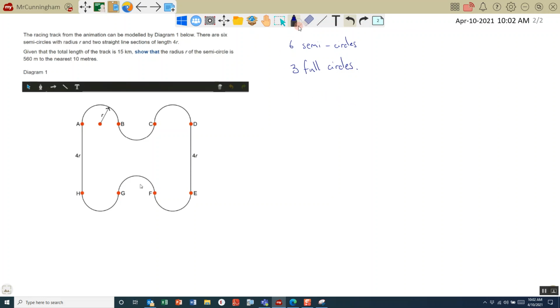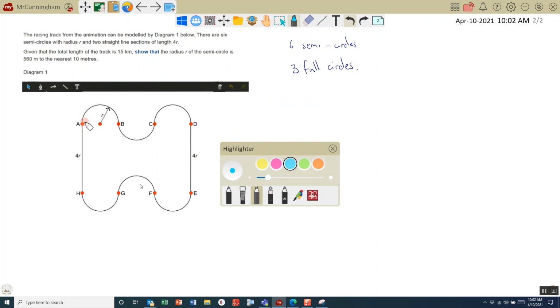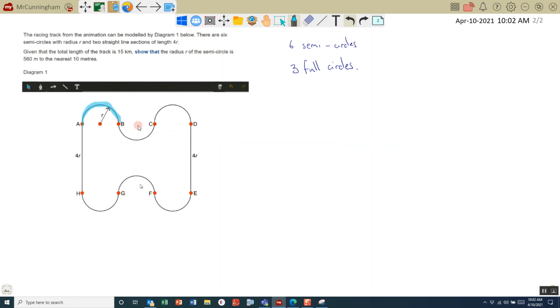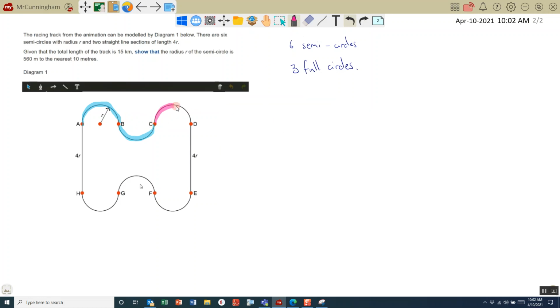And just to show, so it's half a circle, another half, so that's 1 full circle. I've also got half the circle plus this half circle, that's 2 full circles in total.